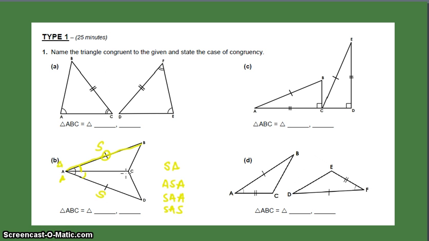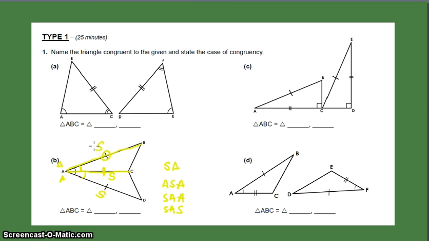But when you look at side AC, it is also the side of the triangle ADC. So definitely AC is equal to itself because it's the same AC. So I can take this side to complete the requirements.